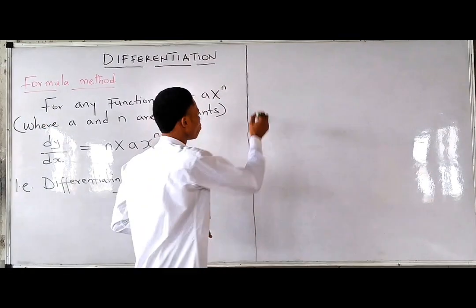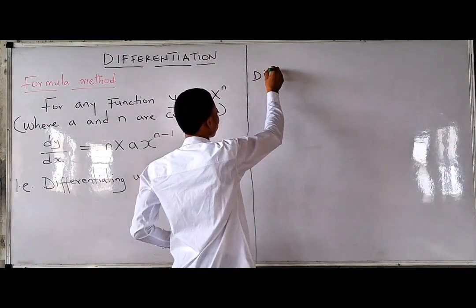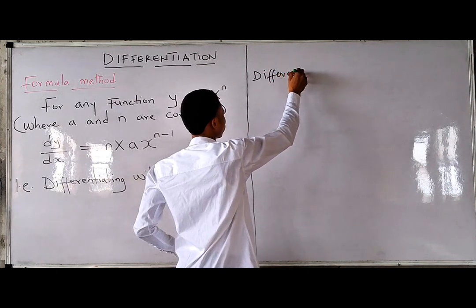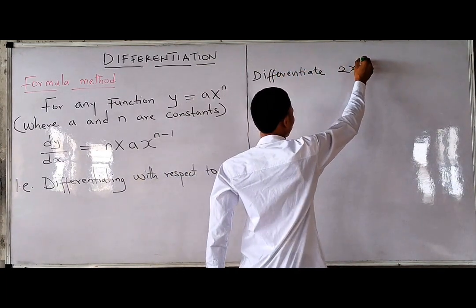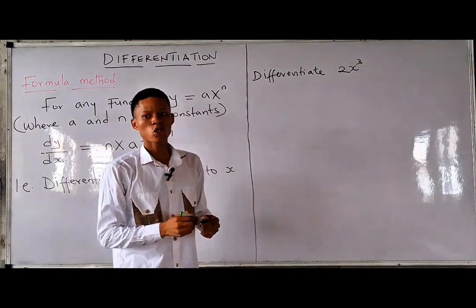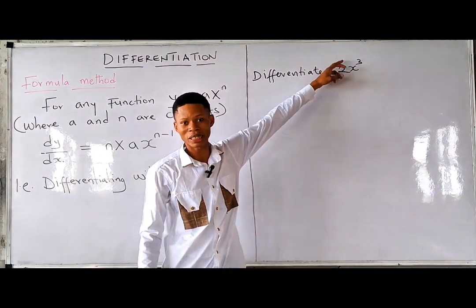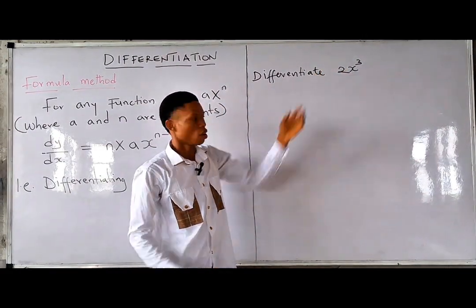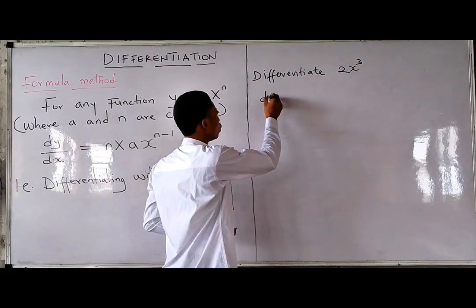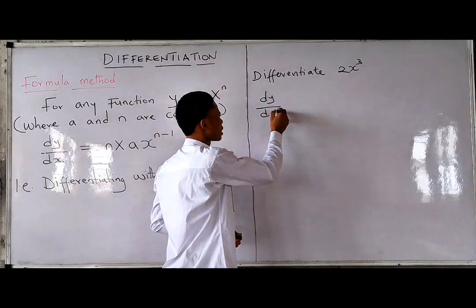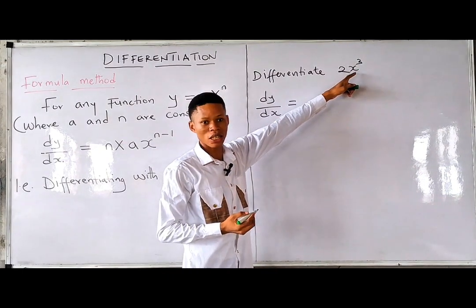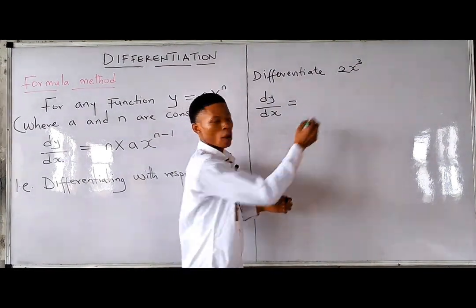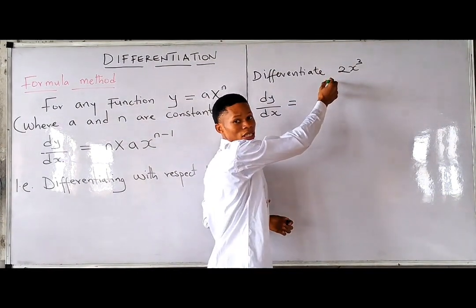If you are asked to differentiate 2x raised to power 3, what will you do? First, dy dx is equal to, now differentiating this, what do we do? The first thing is, bring the power to the side, right?